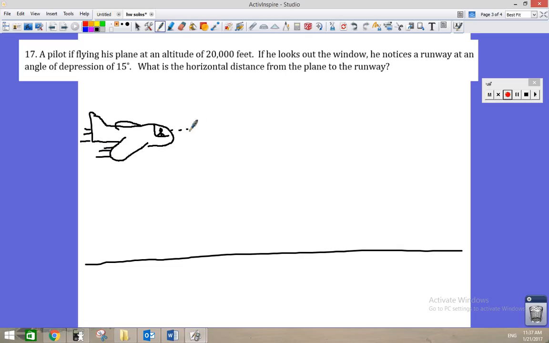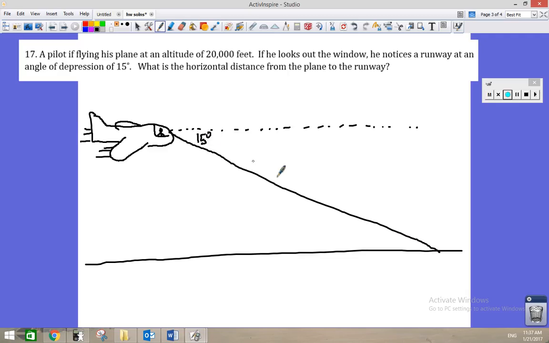And here's the pilot's line of sight. At an angle of depression, the pilot looks down, tilts his head 15 degrees, and sees the runway. This is the start of the runway.